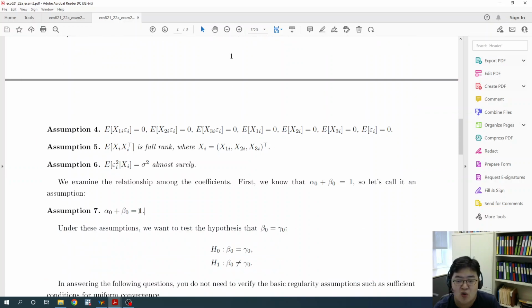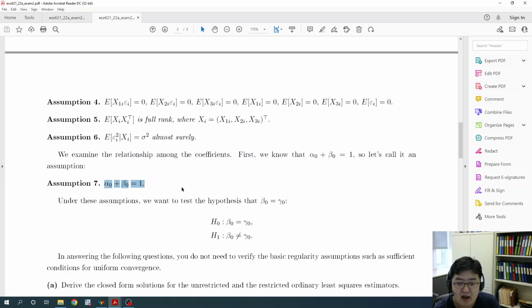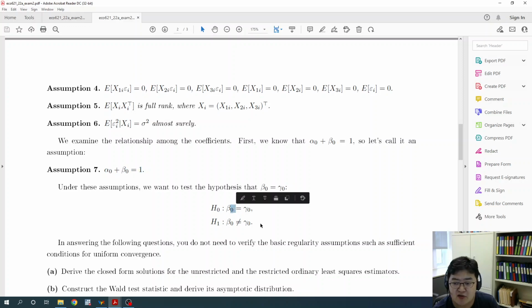But we have additional information. This is an assumption. This is true. And there is another assumption which is uncertain. This is a hypothesis. They are similar, but they play different roles in the estimation.